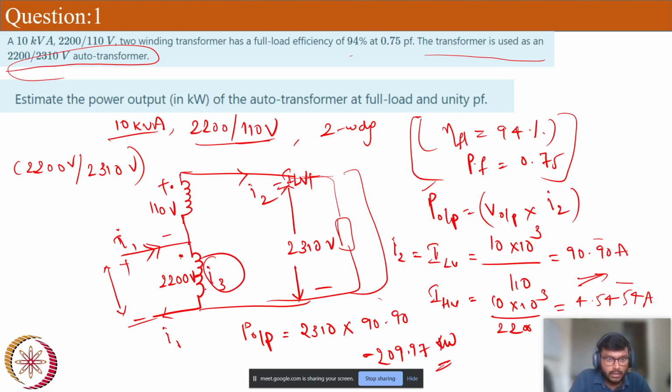Someone said 95.44 amperes. You are saying this input current. Yes, sir, input current. Okay. Correct, because I3 will flow through here and I1 is coming back and the same number of I2 comes. So 90.9 plus 4.54. That's absolutely correct.